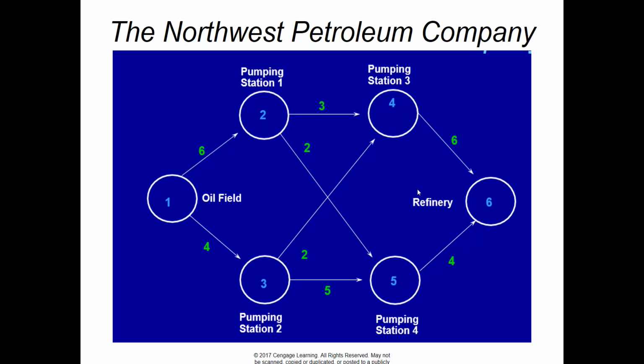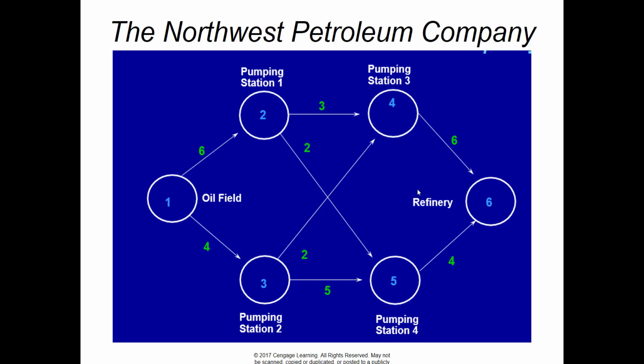So these are examples of the maximal flow problem. But let's look at a clear example of this problem. Let's say we have an oil field and we want to send out the oil to a refinery, which is node 6, and we have several pumping stations, station 1 through station 5. These stations are connected through pipes.